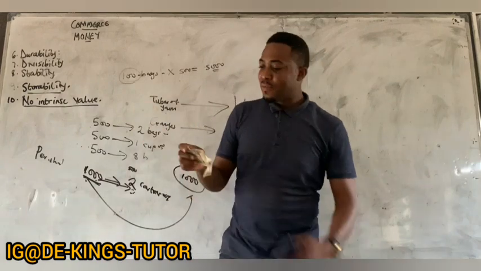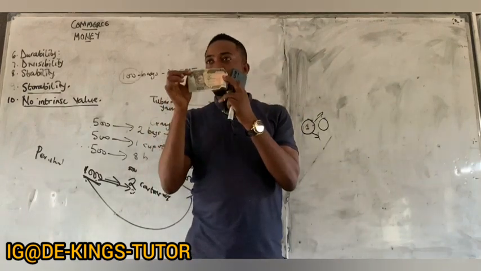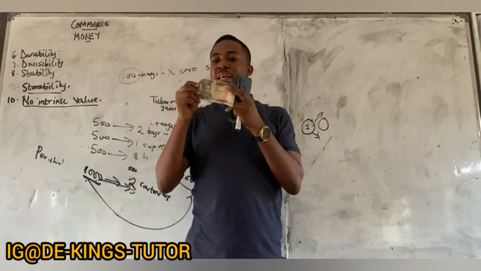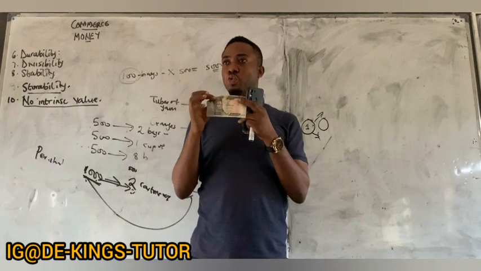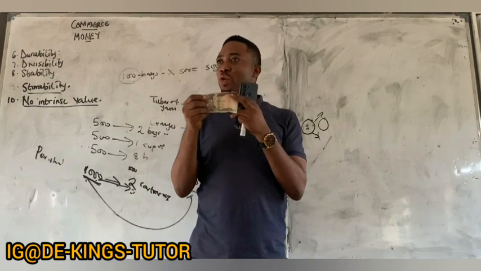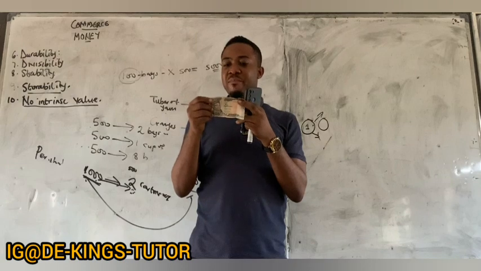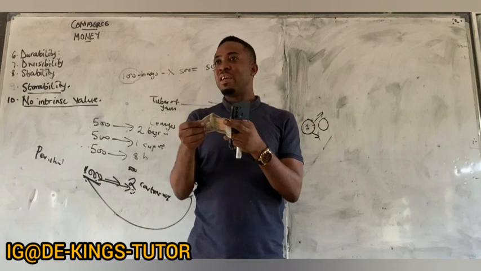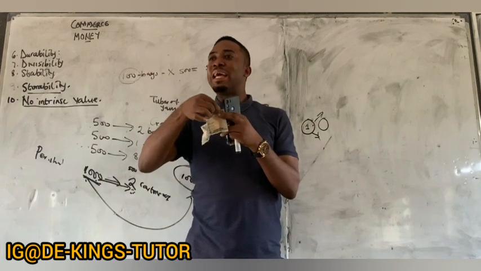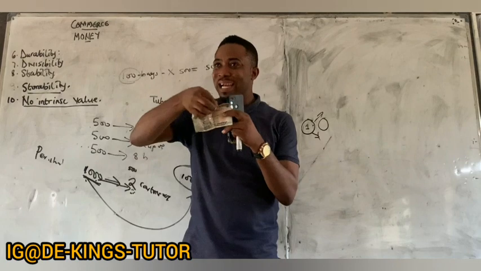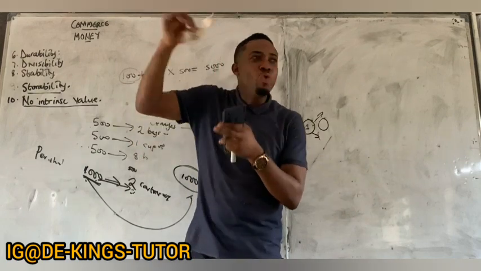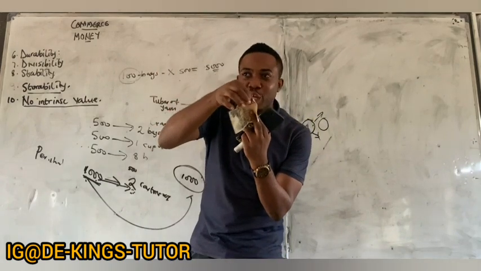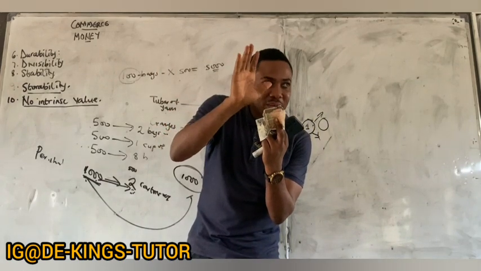What I'm saying is, if this paper in itself, I'm not talking of the 200 value, the paper, were something like gold, and if I melt this gold, it will give me close to 500,000, it means this 200 naira is worthless. It means the value in this paper is more than the exchange. Do you understand me?